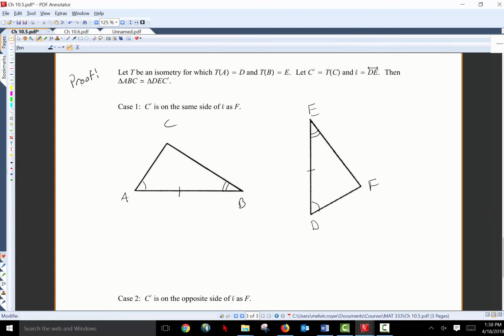So I've started typing the proof, information-based proof. So let's let T be an isometry. On a picture, we might draw it as, here's a function that moves the triangle on the left to the triangle on the right.